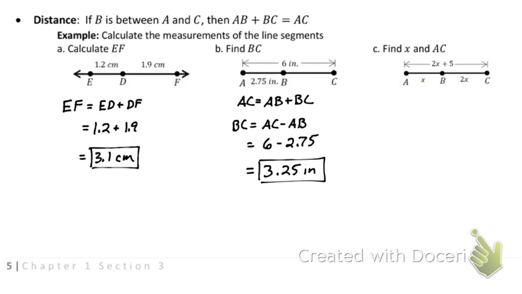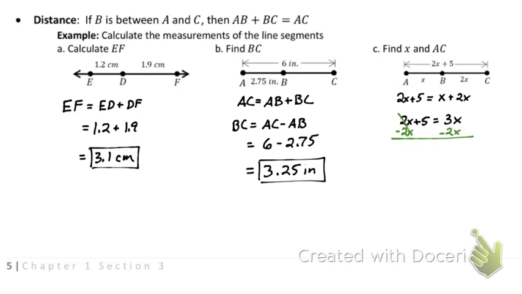So we know that total length, that 2x plus 5, must equal the two little parts. That's x plus 2x, which you already did all the math for me, that this would equal 3x. And then you described perfectly that we need to subtract 2x from both sides because we can do whatever we want as long as we do it to both sides and everything stays balanced.